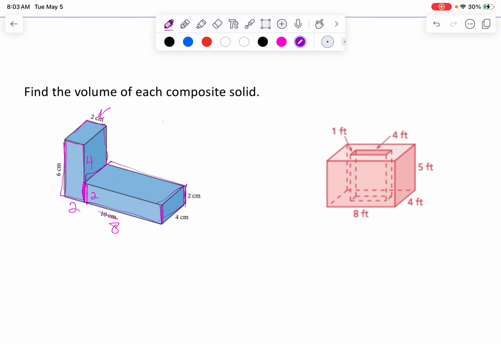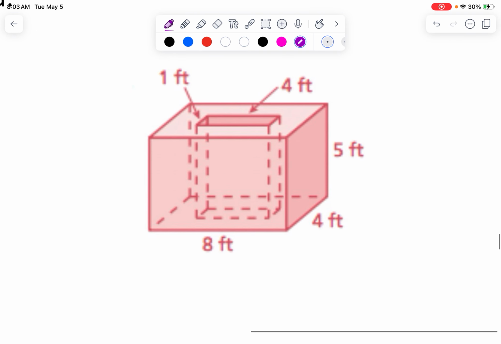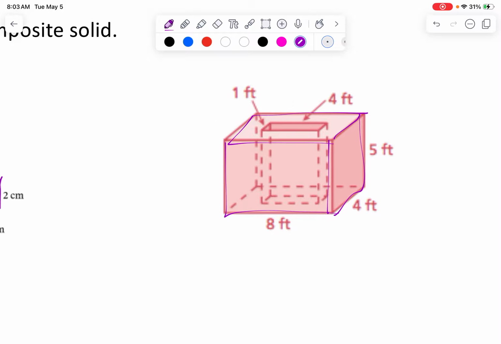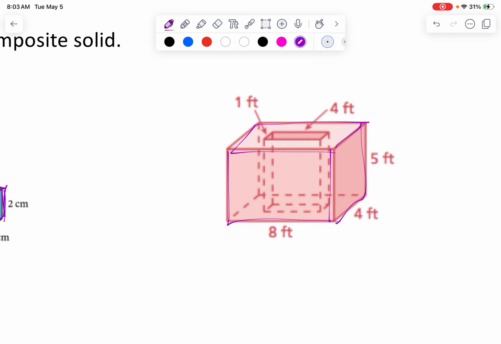So for this, we want to find the volume of the big prism first, and then we're going to find the volume of the prism that's on the inside and subtract that. So let's do the bigger one, or the outside, if you want to think about it that way.